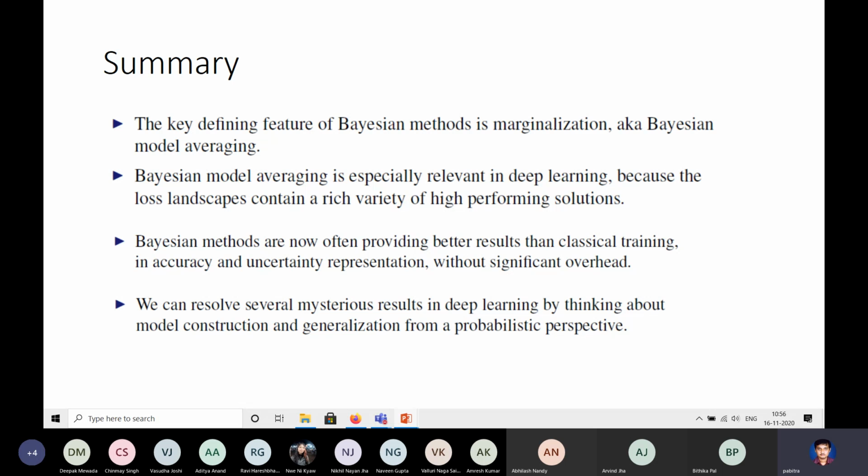In practice, Bayesian methods are now giving better results than classical training without significant overhead. The cost of SWAG is very low, with very little overhead on standard deep learning. And this can give us theoretical insights on the construction of, for example, dropout and other things.